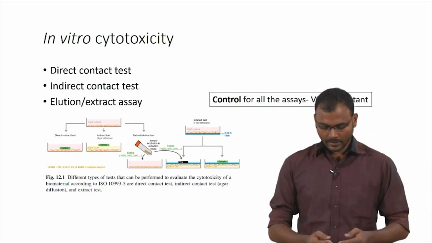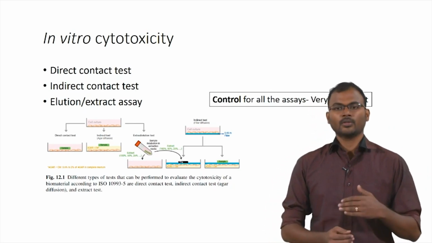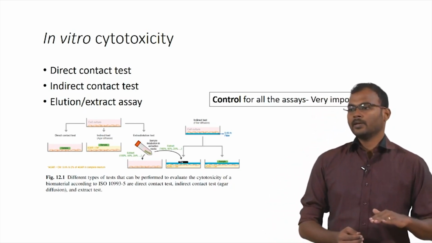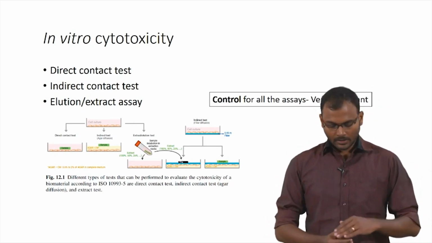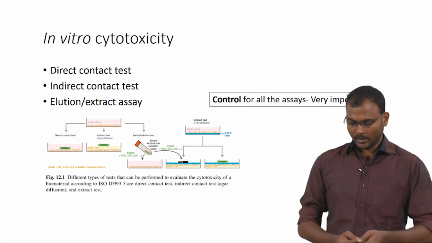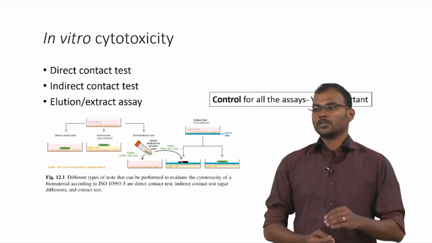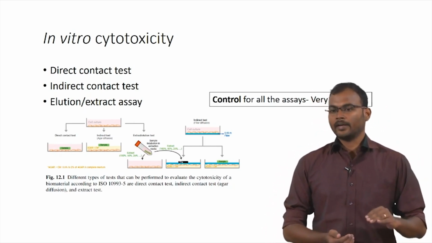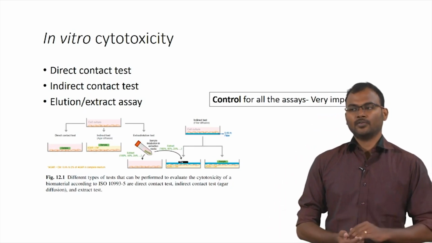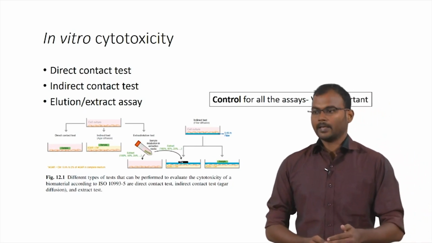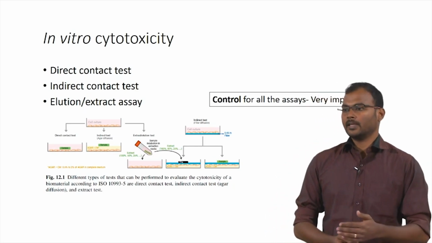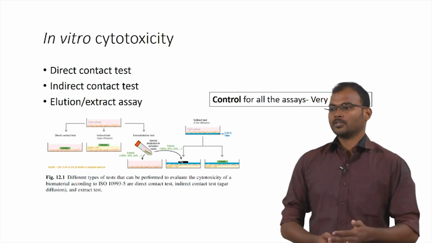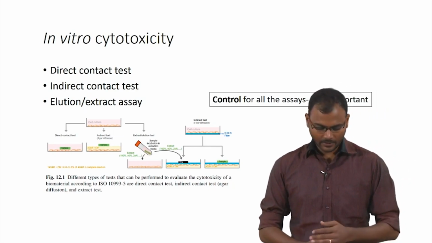As you can see in the top right-hand figure, first you grow the cells on a filter membrane. After the cells are adhered onto the surface, you invert it and put the sample on top. Your sample is not exactly in contact with the cells, but the leachate of your sample would be going into the cells, and if it has any effect, it will kill the cells, or if it promotes the cells, it will have that effect.